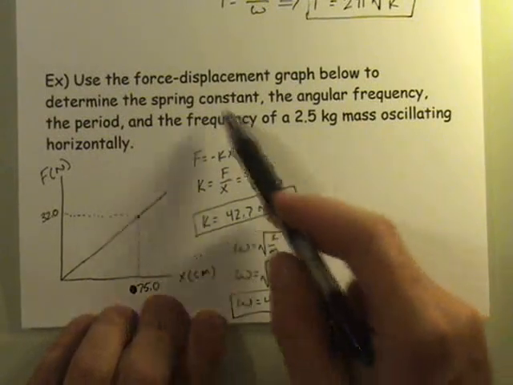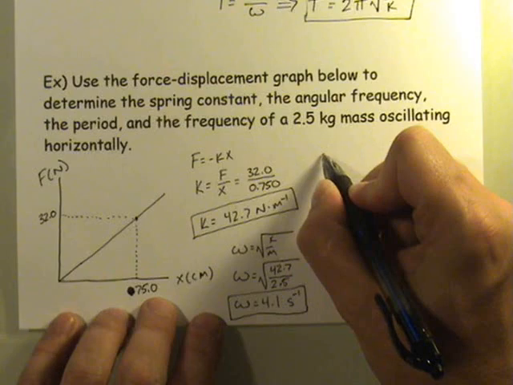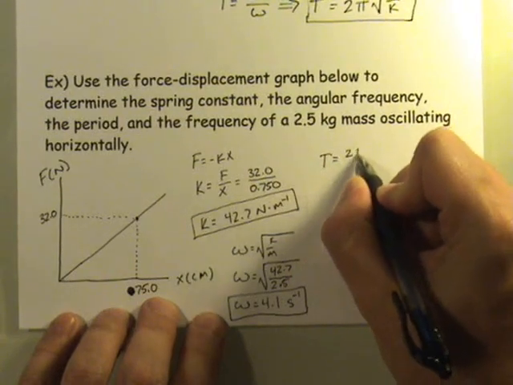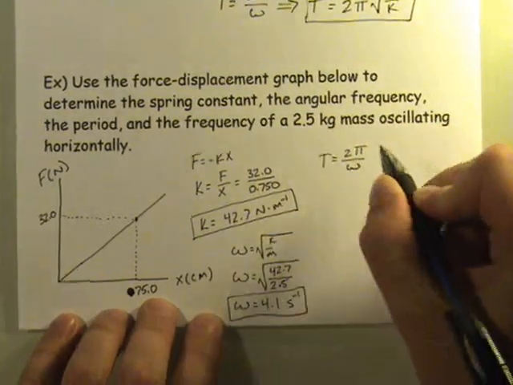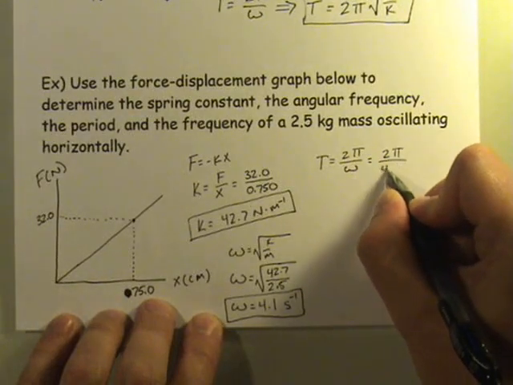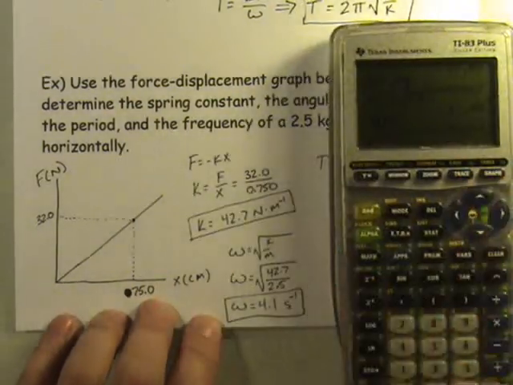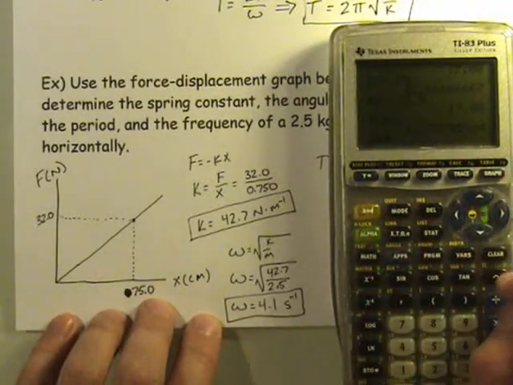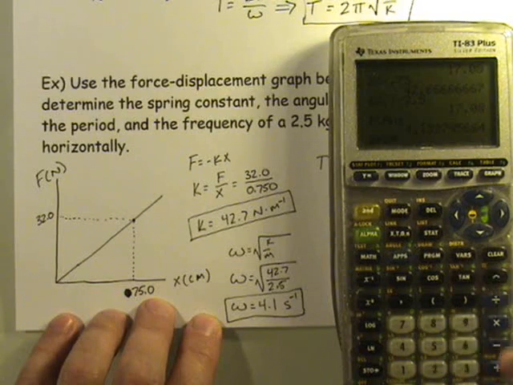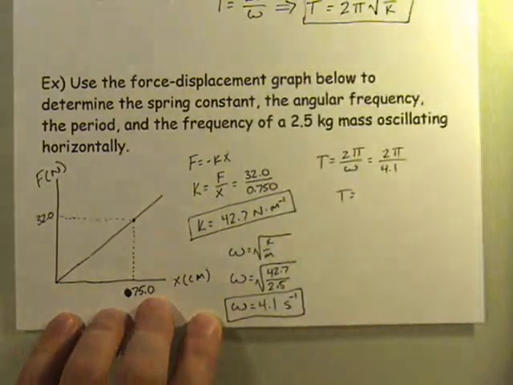So we've got the spring constant, the angular frequency, next would be the period. Remember that the period is 2 pi over omega. So in this case, 2 pi divided by 4.1. That gives us a period of 1.5 seconds.